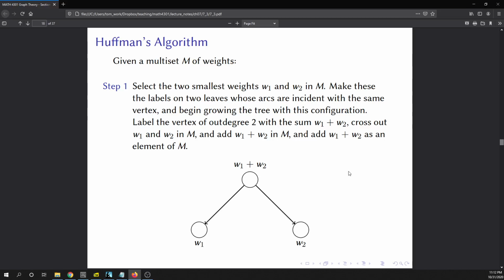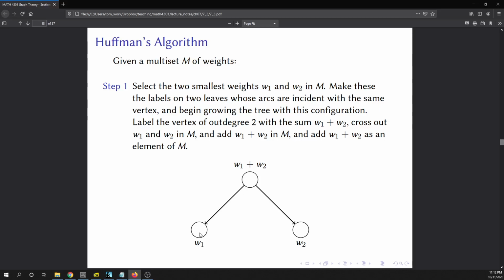Okay, so in Huffman's algorithm, we're going to start with a multiset of weights, which again is just a list of non-negative integers. And we're going to take the 2 smallest weights that are in there, the 2 smallest numbers in the multiset, and we're going to make a little tree that looks like this. This tree is going to have one vertex of out degree 2. That's this one right here.